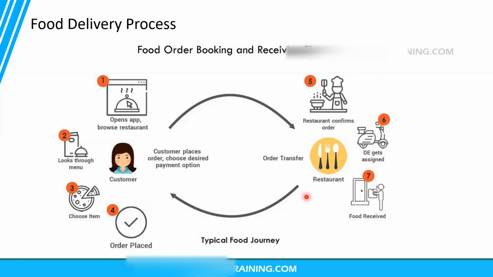And the restaurant doesn't know how she places the order. The chef in the kitchen doesn't know who placed the order or the details. He just receives the order, processes it, prepares it, and hands it over to the delivery guy. Once the delivery guy is assigned, he takes the order and delivers it to the customer.